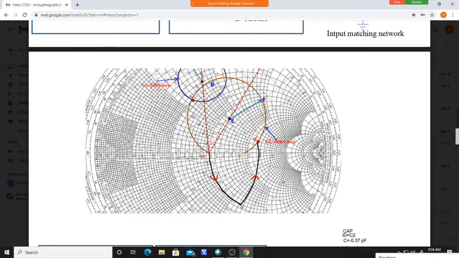Because some of you might have forgotten how to do the impedance matching network, we will go through that third unit, and after completing it, I will come back to the fourth unit. The fifth unit I have completed, and in the fourth unit the stability consideration I have done.